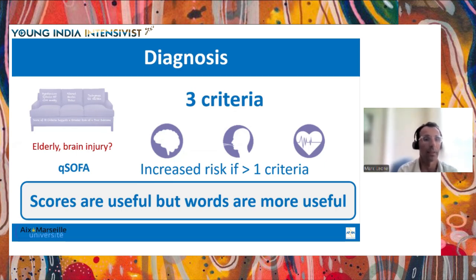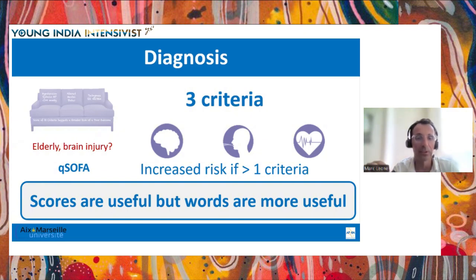The quick SOFA is hypotension, confusion or altered mental status, and tachypnea. In a patient with two of the three features, there is a risk of sepsis, and that's the rationale for quick SOFA.